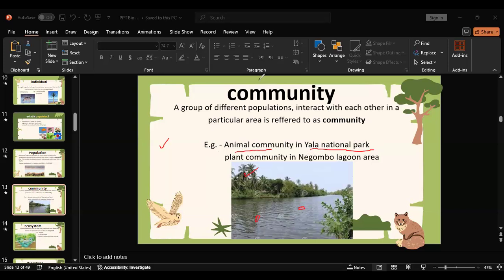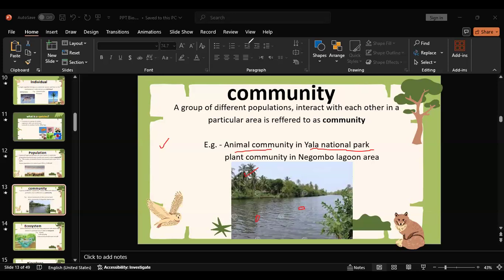Under it come elephants, wild cats, deer, lions, everything. So a group of different populations, the animals in the Yala National Park, is one community.